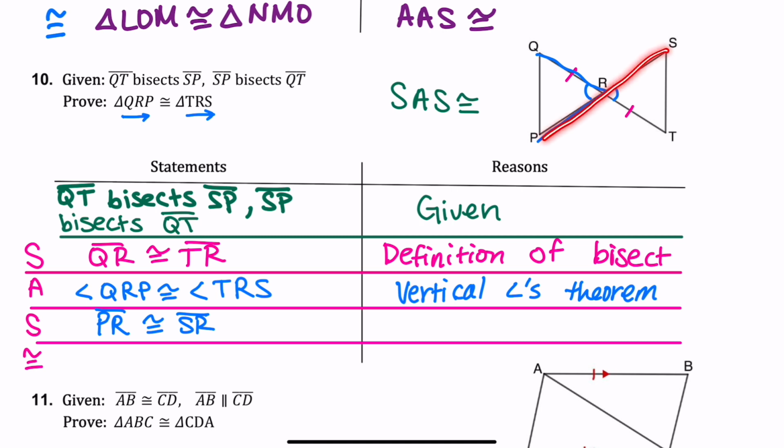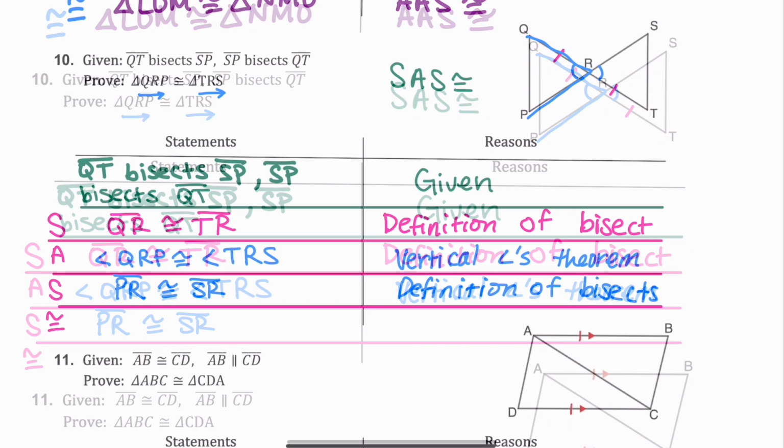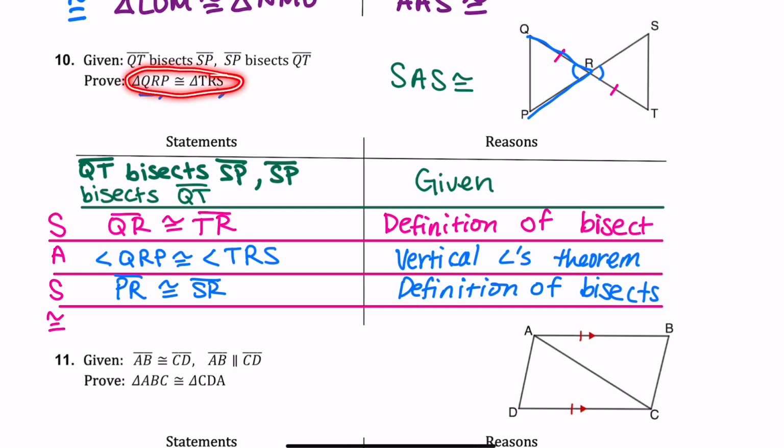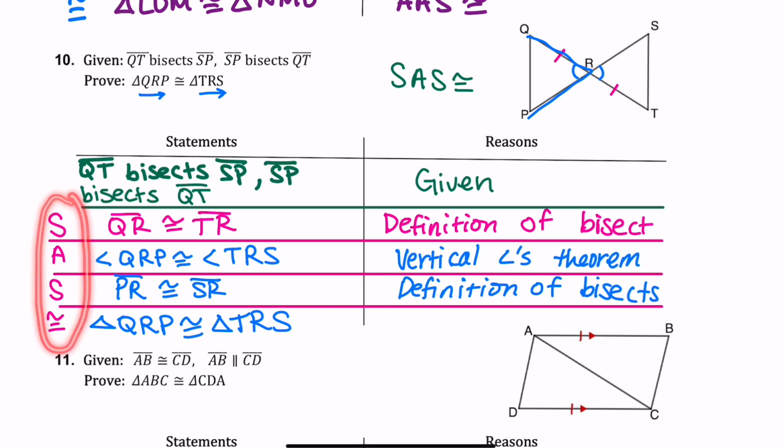SP has been bisected by QT, and QT bisects SP, and so these two are congruent. And now we're going to write our congruency statement. So to do that, we look at what we're trying to prove, and that's going to go in this area. And then the reason is going to be this part right here, side angle side congruency.